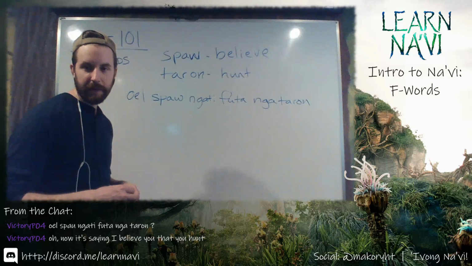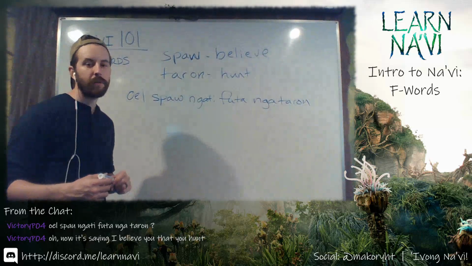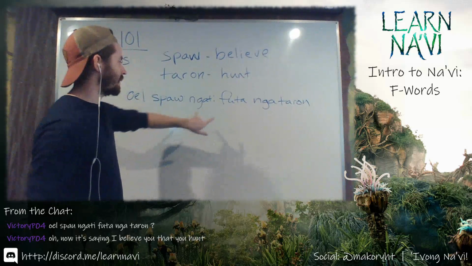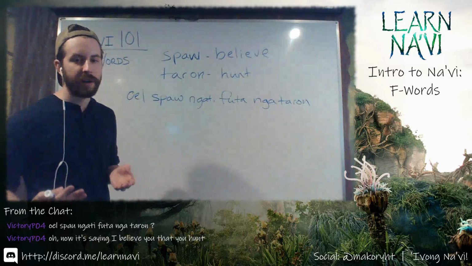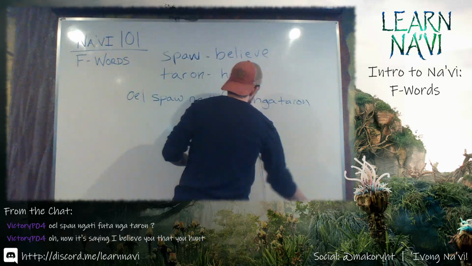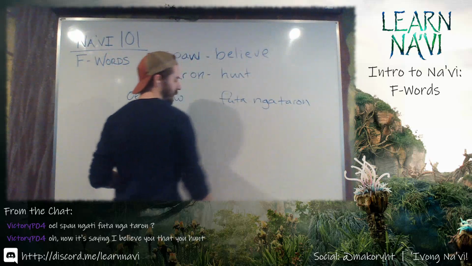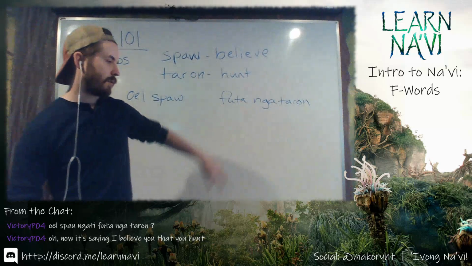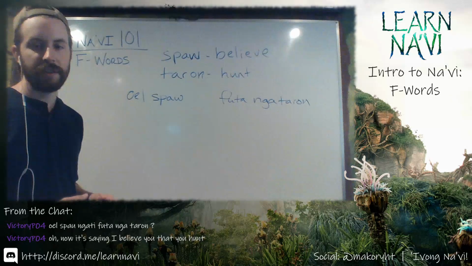Yeah, that's exactly what it's saying. So it's saying, I believe you that you hunt. So we've got you in here twice, and we have a double object on our verb, which isn't allowed. We can only have one noun in each of those slots. So I think you figured it out. If we take this out, we've got our sentence. Well, spel från gnataro is our sentence meaning, I believe that you hunt.